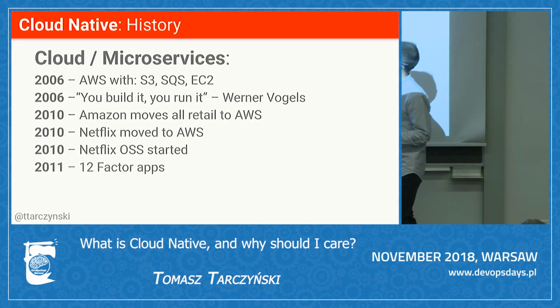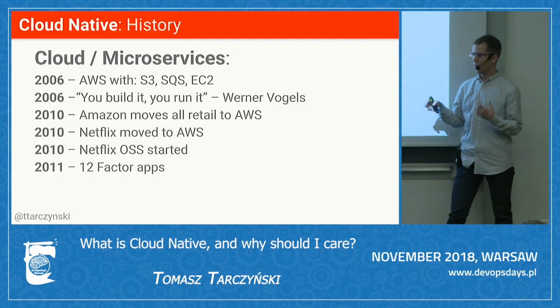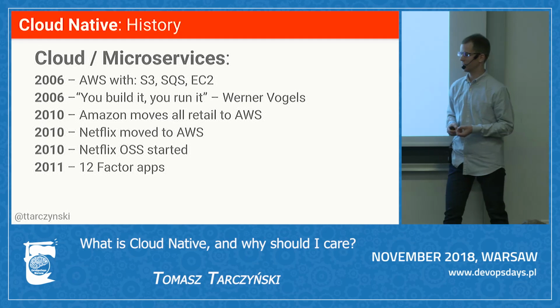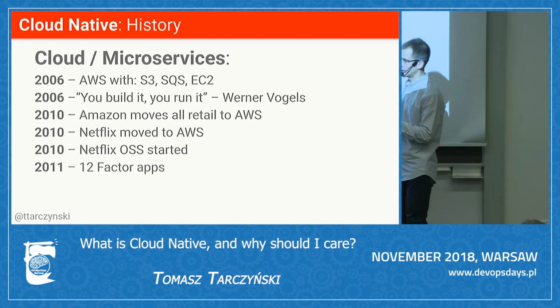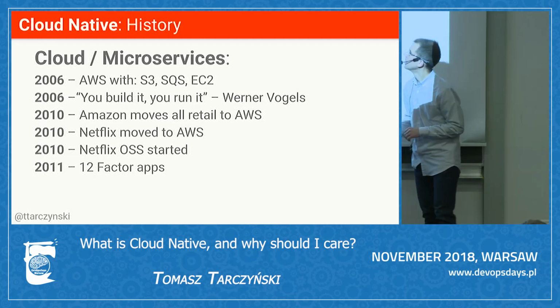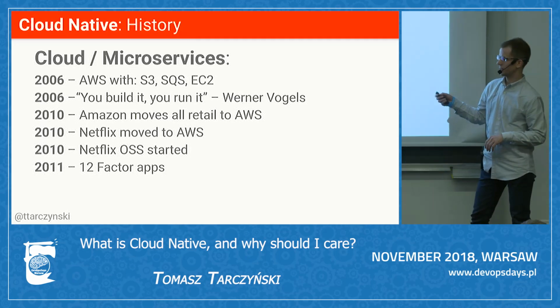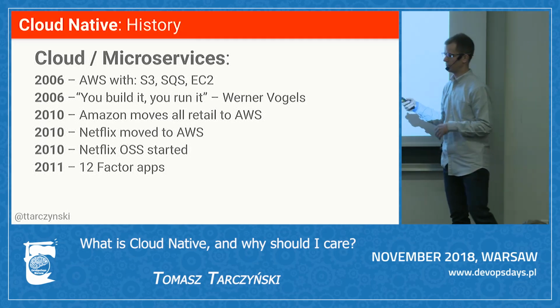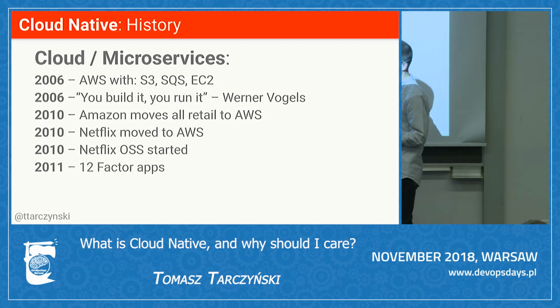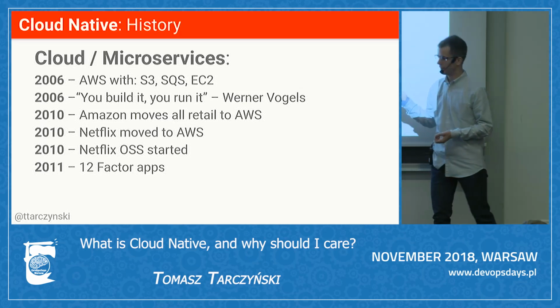And the third area, about cloud and microservices. So what kind of architectures are we building? AWS started in 2006 with S3 and EC2.